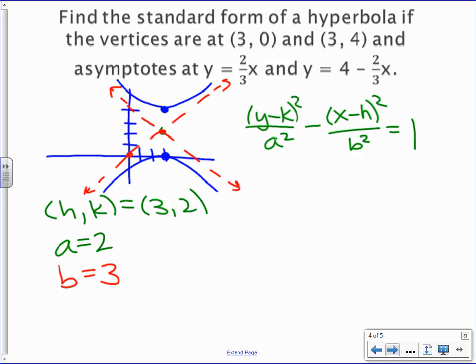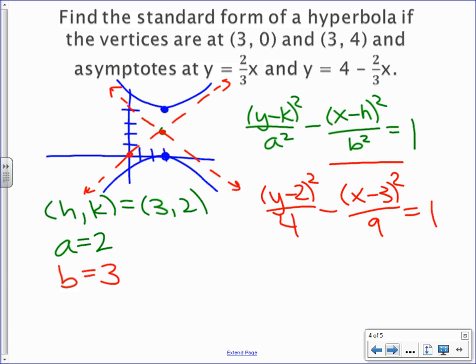So since we moved A vertically, that's our rise, and B is our run in this example. Okay, so since our slope is 2/3, and we know A is 2, then B has to be the 3 in our slope. Okay, so what we can write is (y minus 2) squared over 4 minus (x minus 3) squared over 9 equals 1. Remember that a squared always has to come first. It does not matter if it's bigger or smaller.